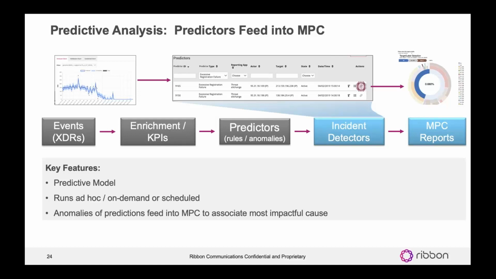With this extra level, we now have the ability to predict that there's a problem and now run MPC on this level of insight, or this failure scenario, and bring that up on a new dashboard. So you can see these three different ways that we're pulling together. Now you look at your performance engineers that are running your networks, and you have this effective pipeline of work items, or trouble tickets that can come in.